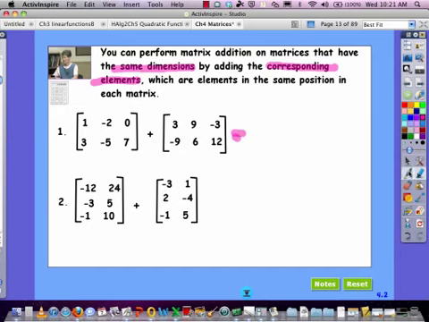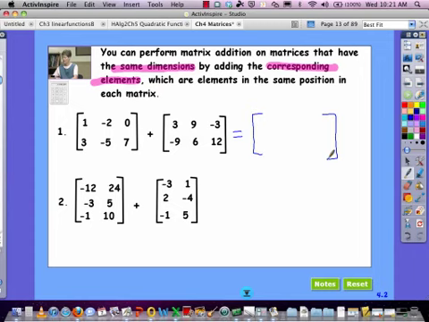we're going to get a new matrix as our answer, and that matrix will be an identical size because they have to be the same dimensions. So we're going to get a 2 by 3, and we add corresponding parts.